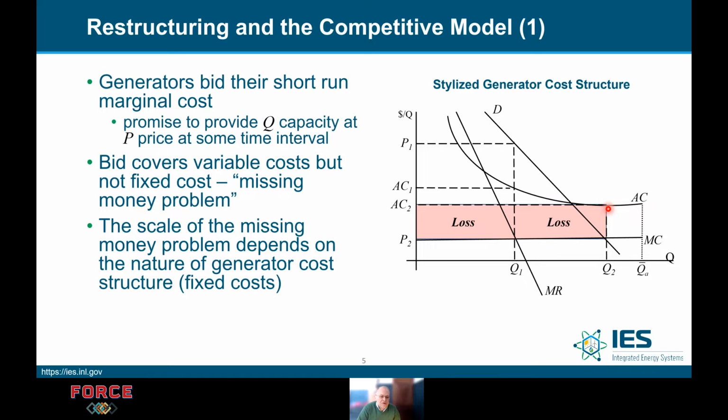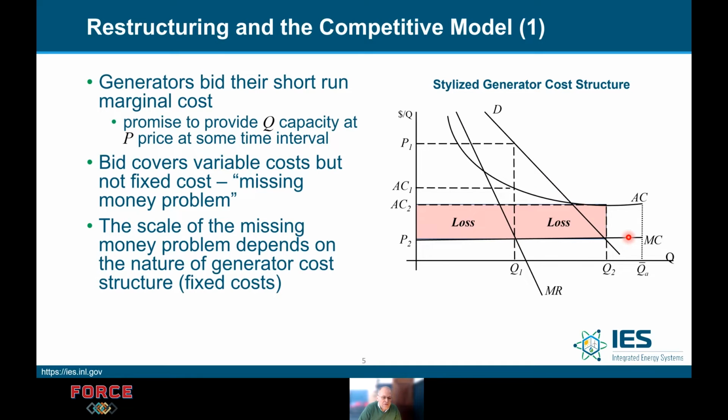So for generators that have a constant marginal cost and a declining average cost curve of this nature, they incur losses for participating in a deregulated market. This is what we refer to as the missing money problem. I'll come back to that in a few slides to talk about it in more detail. But the scale of this missing money problem is dependent on the cost structure of generators that bid into the market. This is the case of large generators with constant marginal costs.